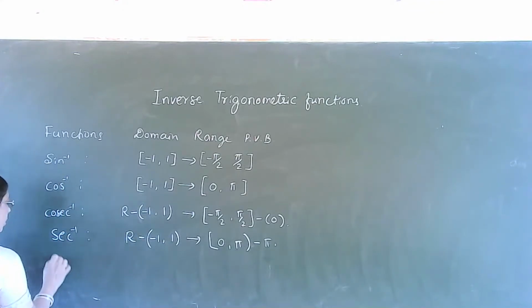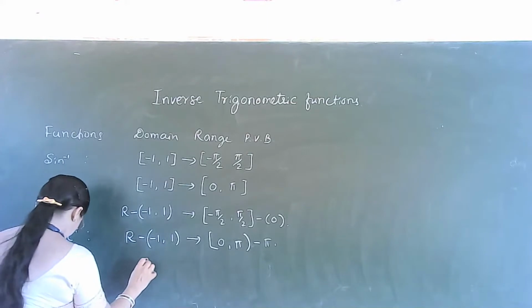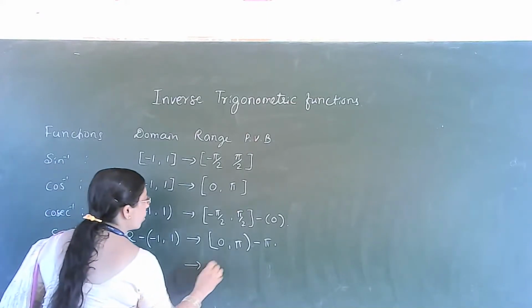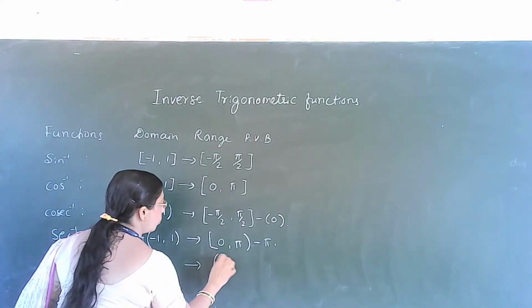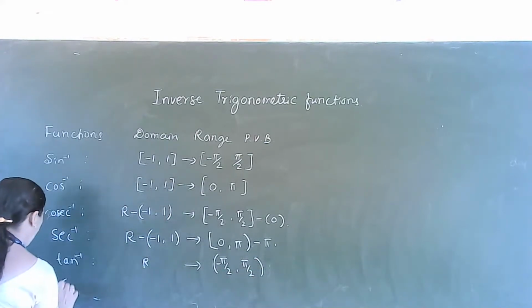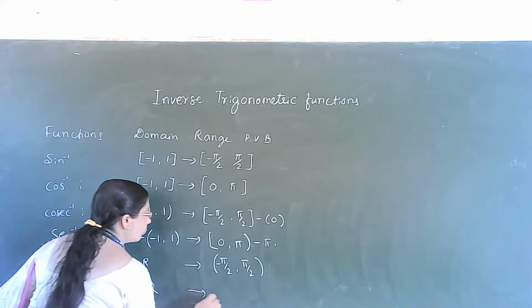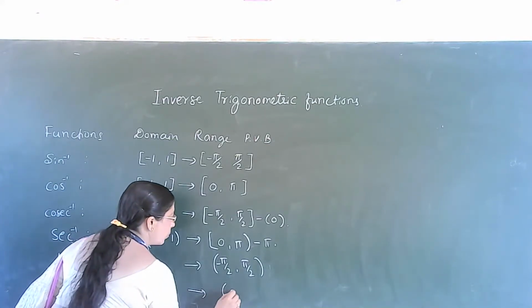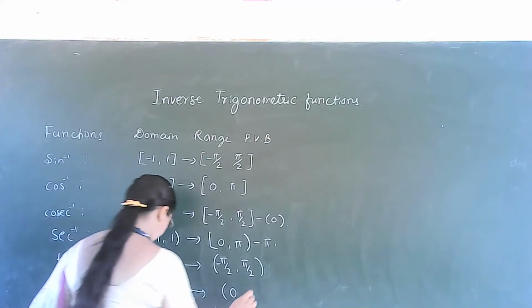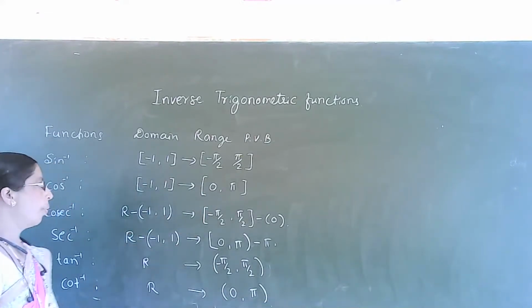Then tan inverse. Tan inverse is from R to -π/2 to +π/2. Then cot inverse, from R to 0 to π.